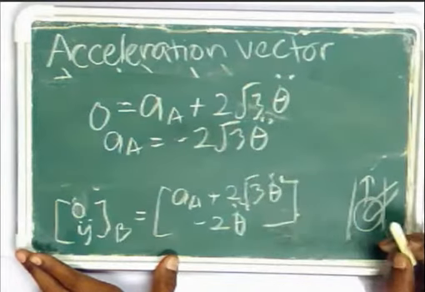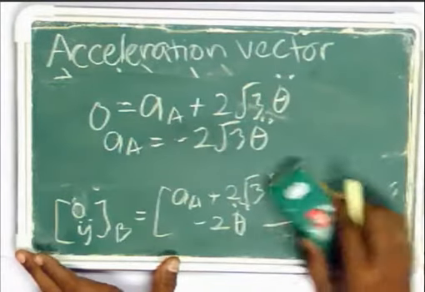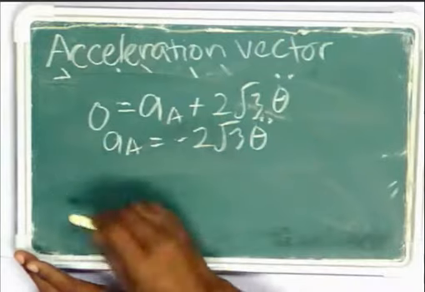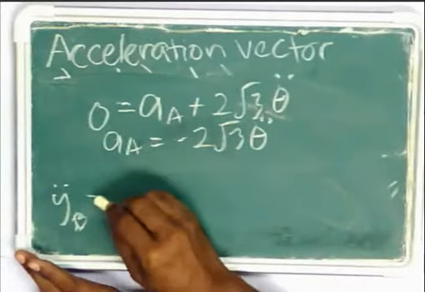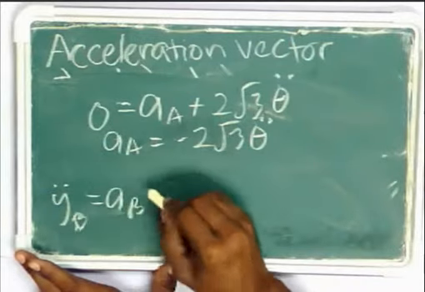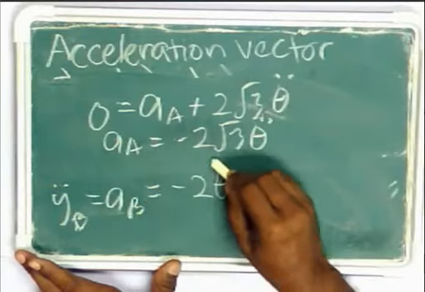That will be the value of A. And what about B? The y double dot of B is equal to minus 2 theta double dot.